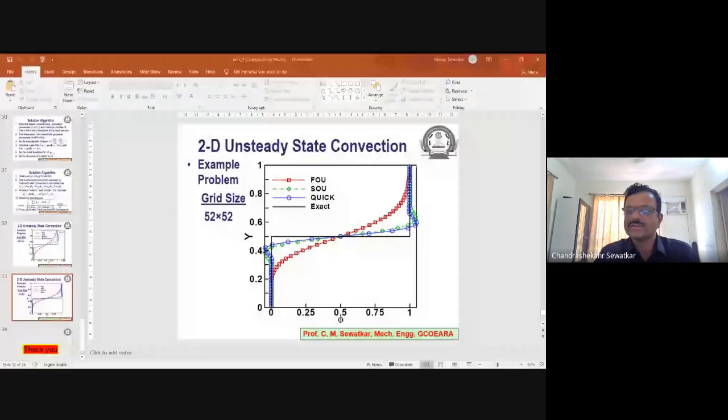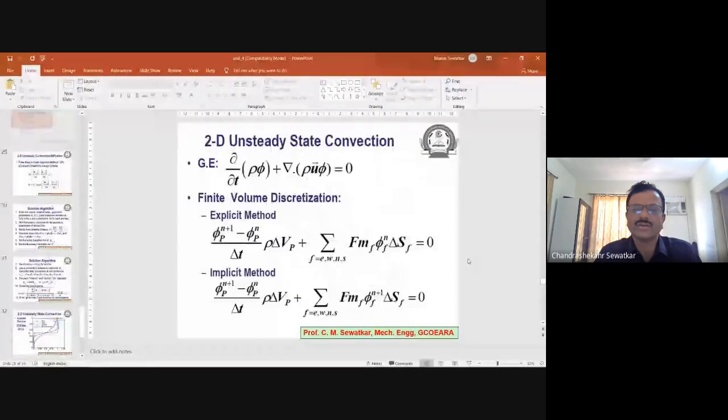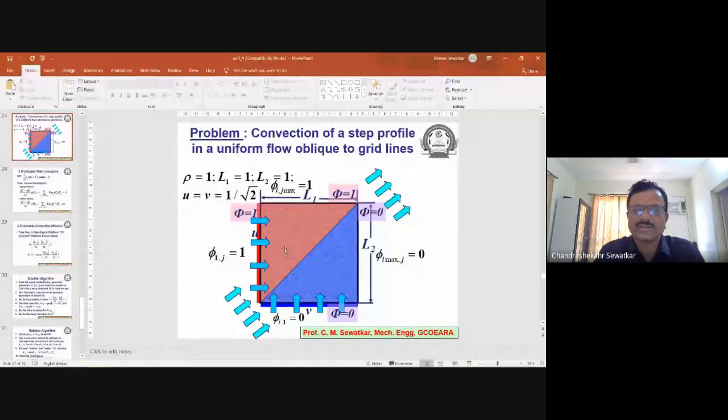Why does phi change at the center portion? Exact solution. It changes because it is being convected. Just have a look at the physical problem and look at the boundary conditions.